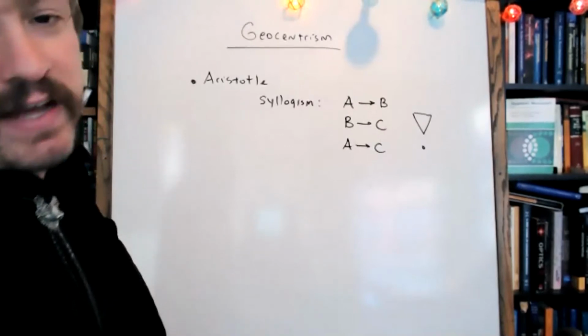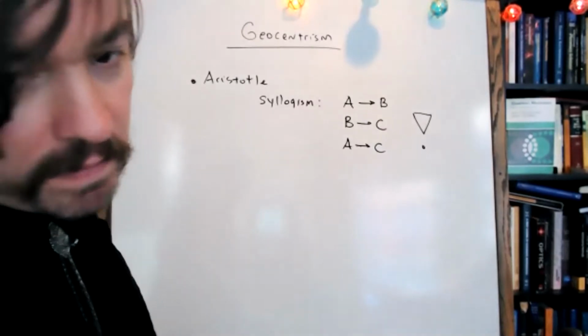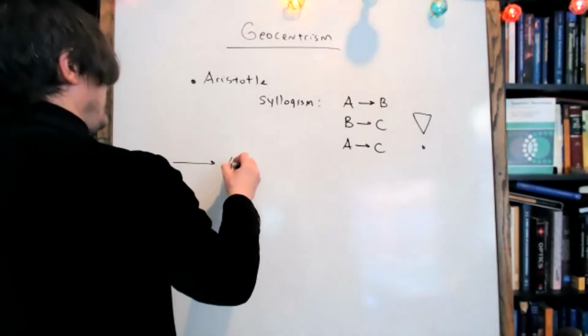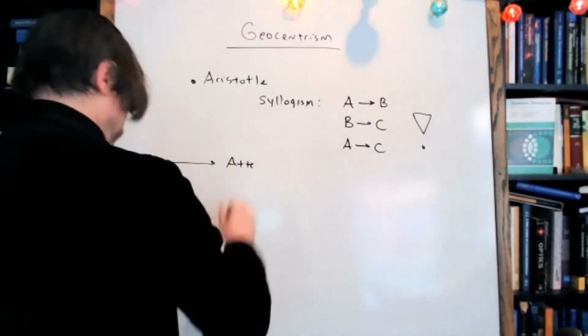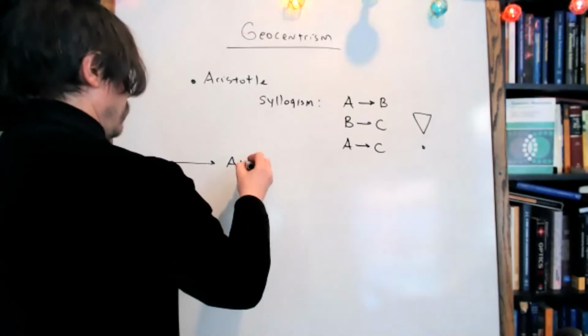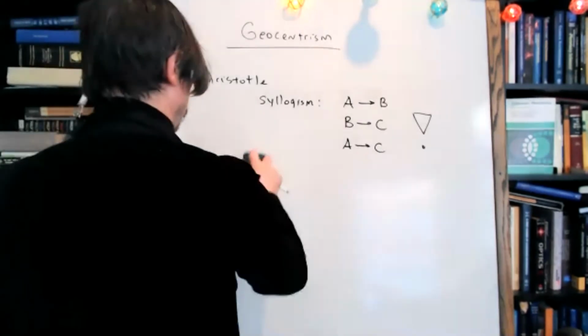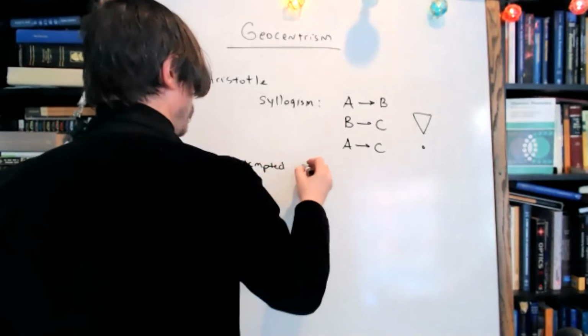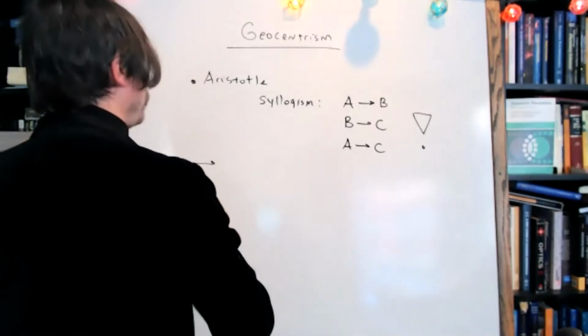He also studied the orbits and motions of the planets. And what was cool about Aristotle is he attempted, oops. Wow, I can't spell today. Actually, he didn't attempt to do it. He actually did.